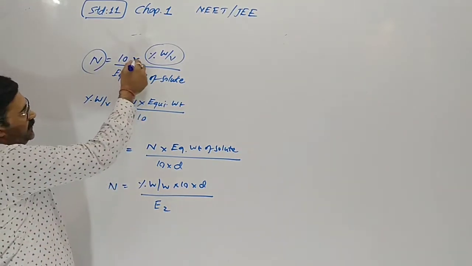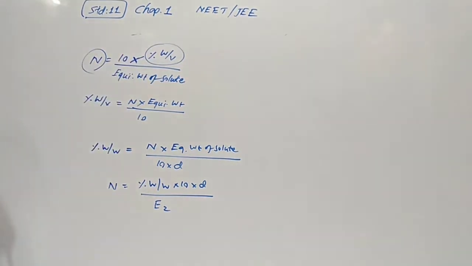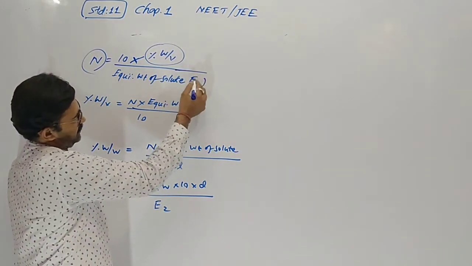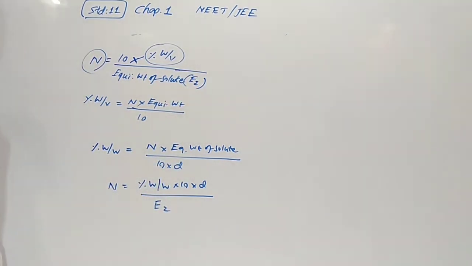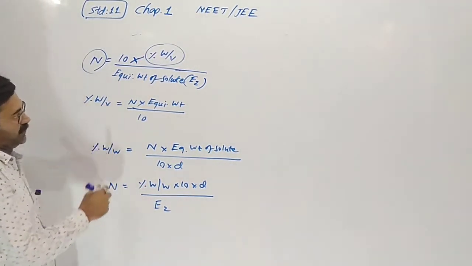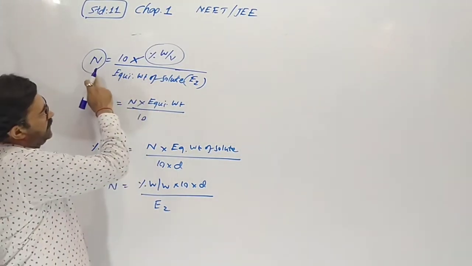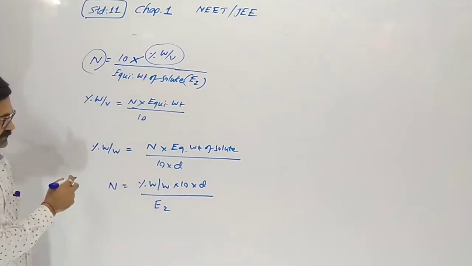We have to multiply percentage weight by volume by 10 and divide by the equivalent weight of solute, E2, where 2 means solute. Otherwise, percentage weight by volume equals normality into equivalent weight upon 10.